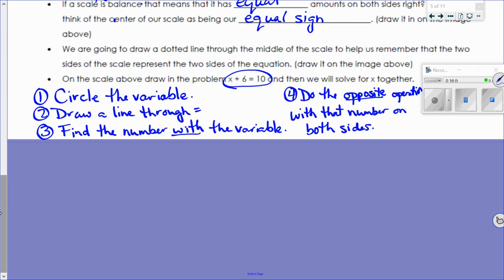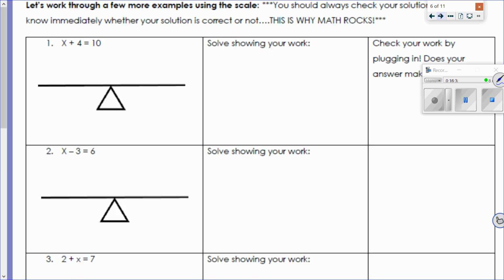Since this is really your first introduction into equations, students weren't understanding which number they needed to focus on. So that's the whole purpose of the wall and the circling of the variable. Circling the variable helps you understand what number you're working with, and the wall makes sure you do it on both sides. So if you follow these 4 steps today, your problems really should not be too terribly hard.